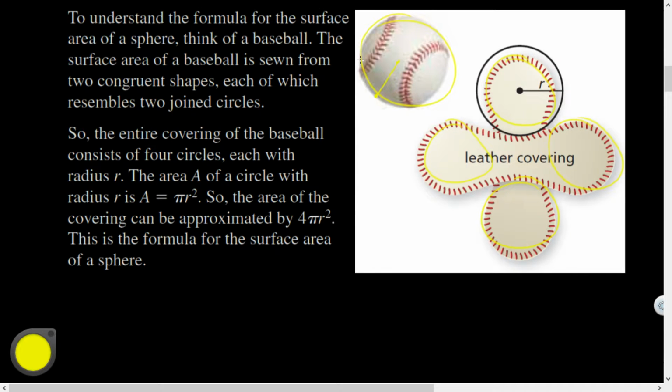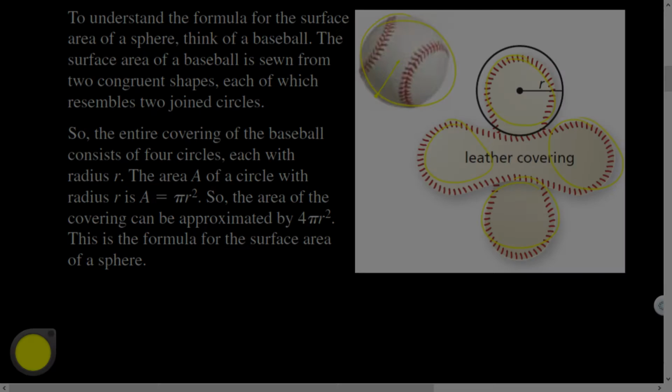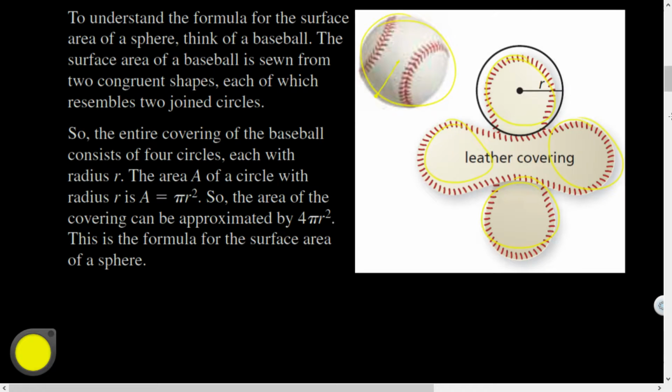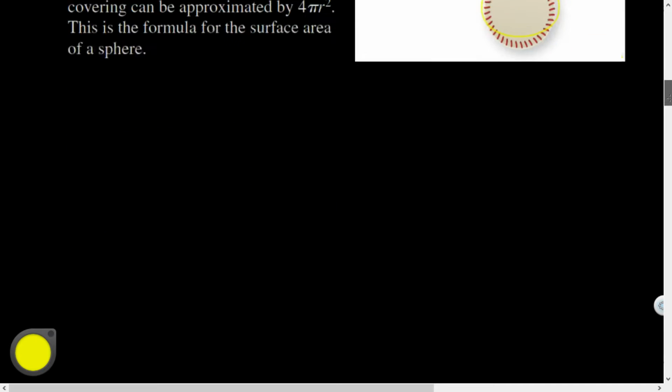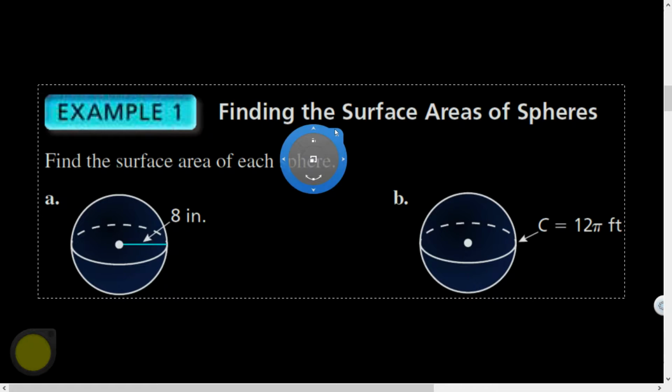I do not think I would have suspected that about the surface area of a sphere, that it's just equal to 4 circles with the same radius as the great circle of that sphere. I don't think that is intuitive, but that's a rough demonstration of it, and it helps me remember it. I think it's a great little thing.